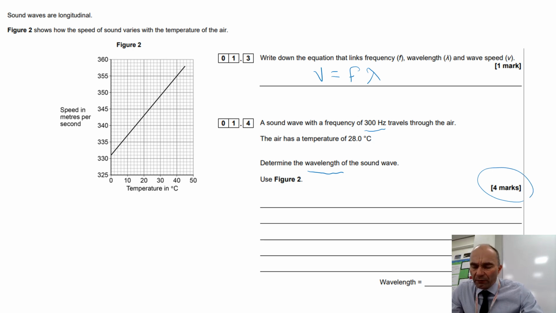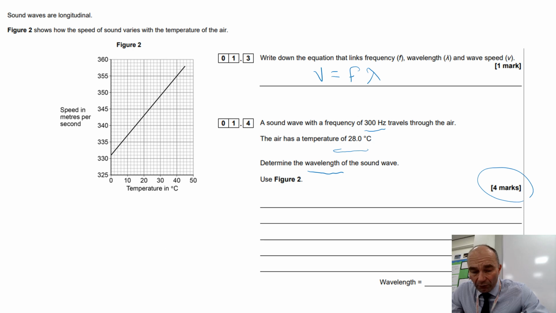Well, we've got the formula in the question above. Now, this is where we need to use the graph, because there's a clue here. We're talking about the air has a temperature of 28 degrees centigrade. So we need to use the graph to calculate the speed of sound. Once we've got the speed of sound, we've also got the frequency, we'll be able to determine the wavelength.